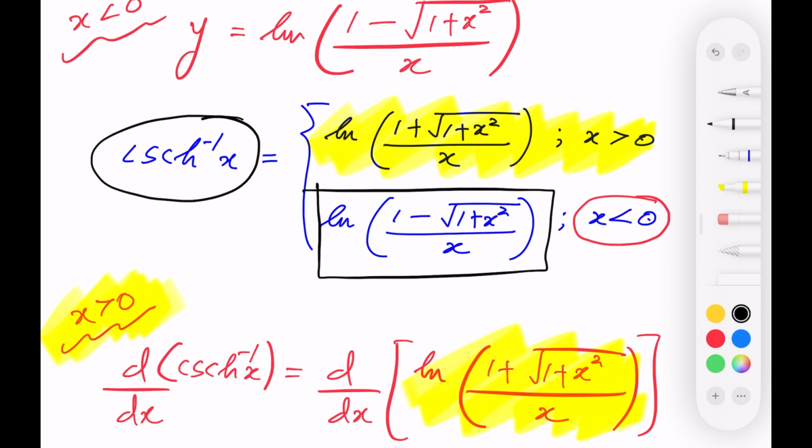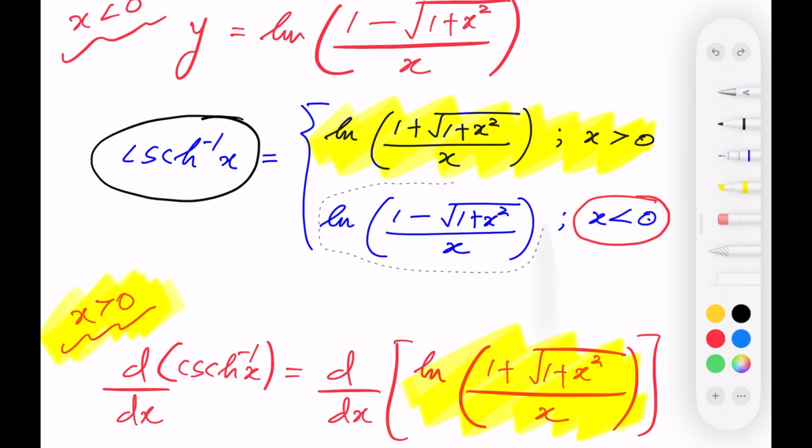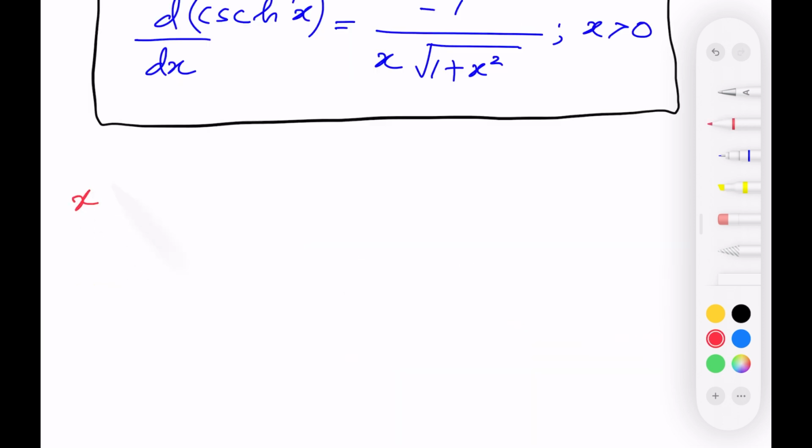We need to differentiate that function also and see what we are going to get. And we have to keep in mind that we are going to look at the case where x is less than 0. All right, let me copy this function real quick. That's our hyperbolic cosecant inverse x when x is less than 0. For x is less than 0, hyperbolic cosecant inverse x is equal to, let me paste that function.